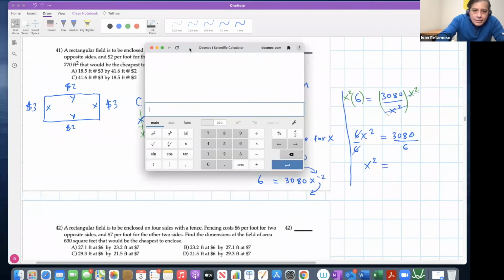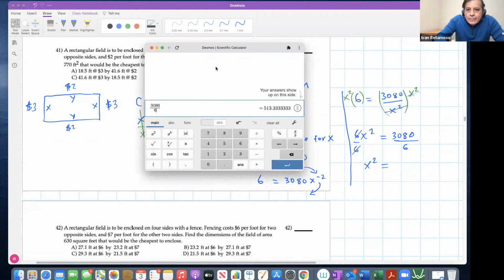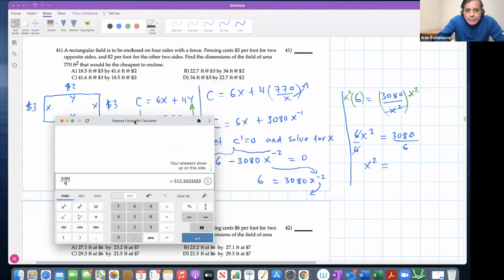Use your calculator. I strongly recommend that you use your decimal scientific calculator. I get this guy, 513.33. Then I have to get the square root. But let's check everything. Let's check if everything is correct.